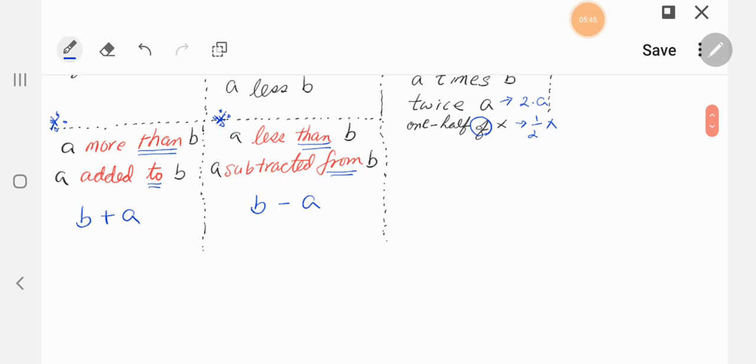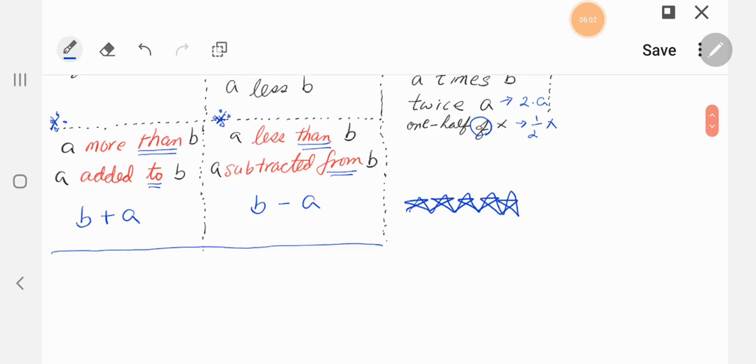Always. This is really important. Very, very important. How many stars? I will give you 5 stars. 1, 2, 3, 4, 5 stars. Very important.